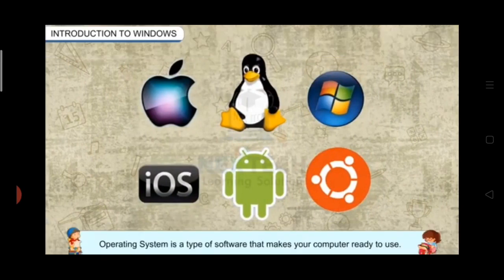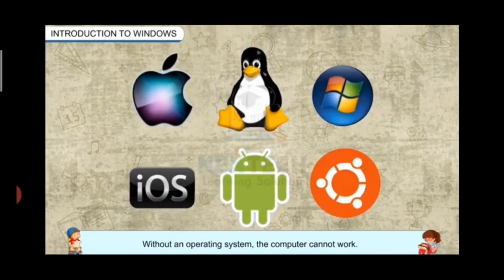Yes, operating system is a set of programs. It is a software. Set of programs is what? So a set of programs is a software. So operating system is a software that makes your computer ready to use for the users.